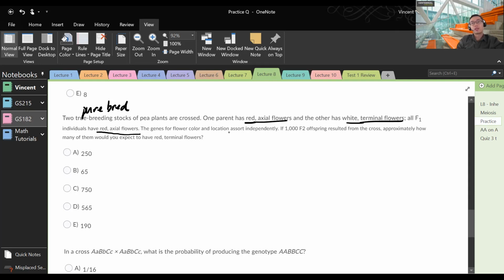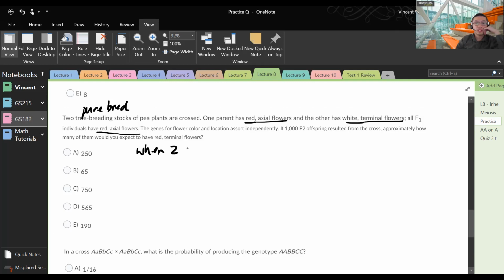Okay, so here is the thing. When you cross, you should write this down. When you cross two parents that are purebred, the trait that ends up showing up in the F1 generation, those are the dominant trait. Okay, let me write that for you.